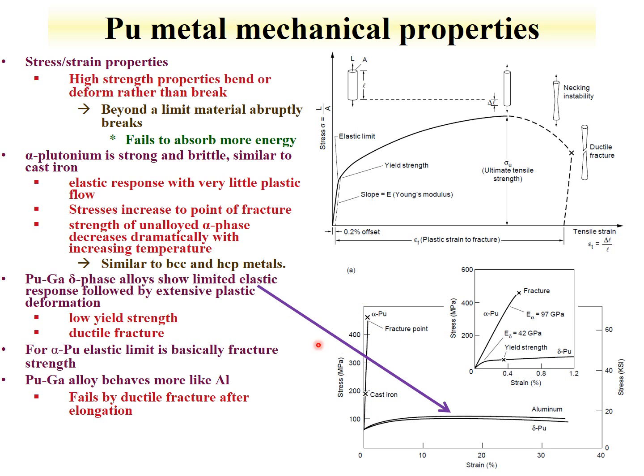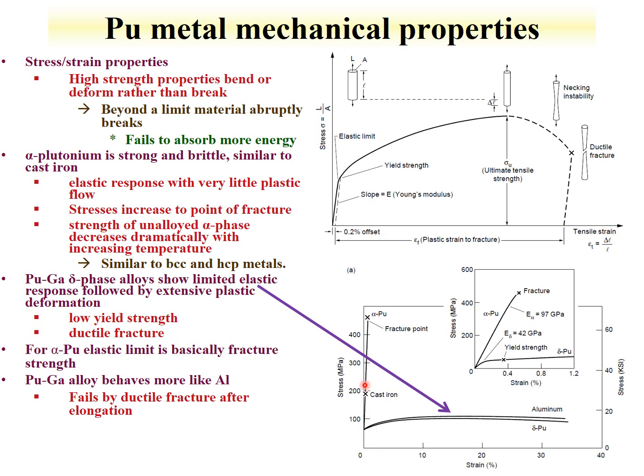Cast iron plutonium metal is shown here, where the delta phase shows this limited elastic response followed by plastic behavior, basically the same sort of behavior as aluminum. The delta phase has low yield strength and ductile fracture. So the properties of these two phases are radically different.